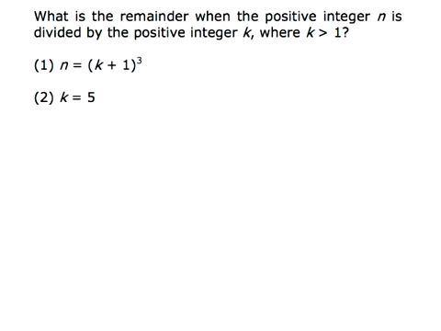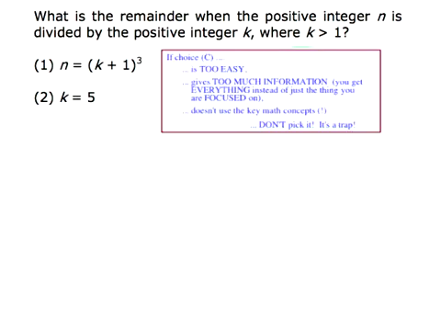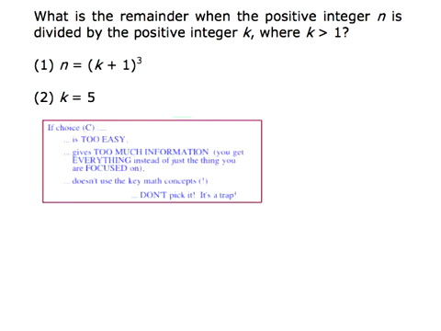Choice C is too easy, gives too much information, and also ignores the whole key math concept. Let's make sure we know what I'm talking about. Again, this is the main theme of today, this whole idea of a trap. If choice C is too easy, gives too much information, and doesn't use the key math concepts, it's going to be a trap, ladies and gentlemen.